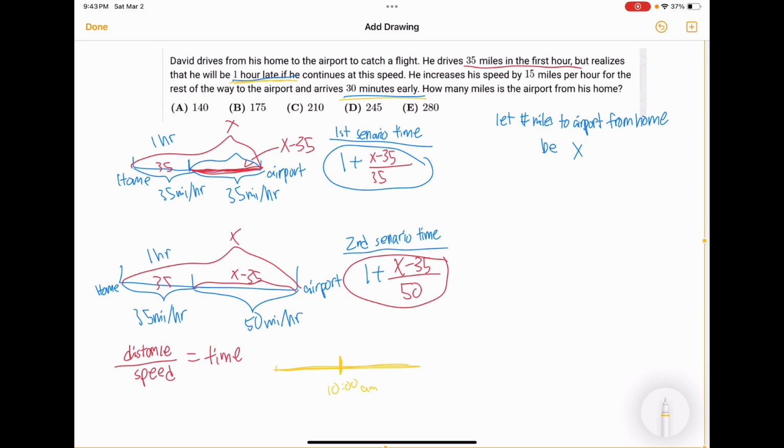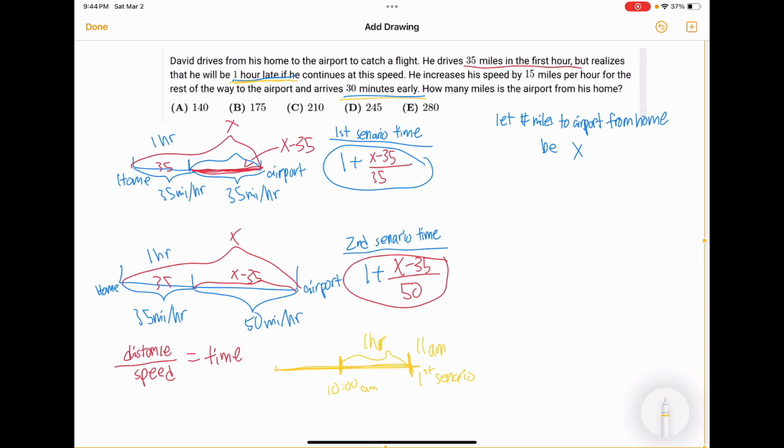But then according to the first scenario, if he drives at 35 miles per hour, then he will arrive there 1 hour late. So for example, this is according to the first scenario. And by the way, the whole diagram is representing time, not distance. So this means that this is 1 hour late, and he's going to arrive there at 11 o'clock.